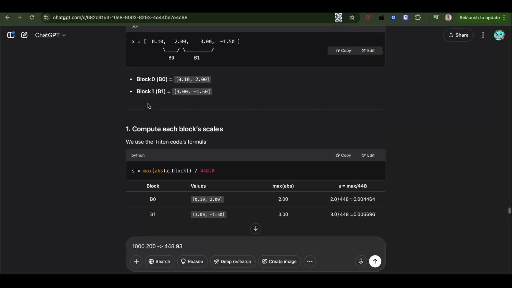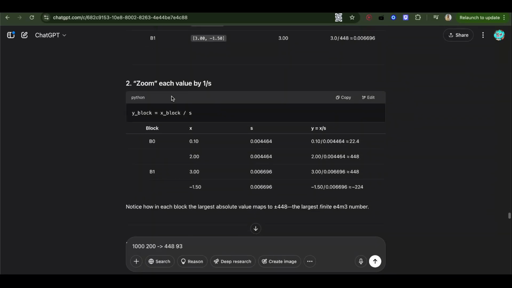In our example, we have this block and this block. These lines are not well represented by ChatGPT, but okay. So for these two blocks, we divide the largest number here, and this is the scale factor, and the largest number in the other block, and this is the scale factor.